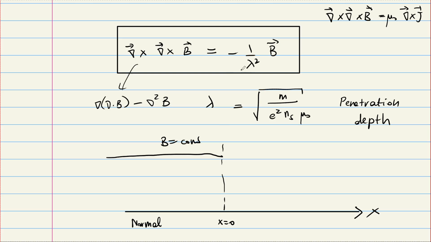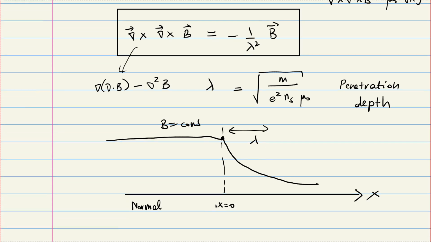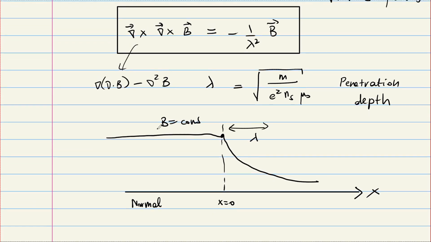And from this equation, inside the superconductor, there is a boundary condition here, and it should decay exponentially. Right? And this decay length is lambda. So this equation tells us that whenever you turn on B, inside the superconductor it decays, and the decay length is given by these microscopic parameters.